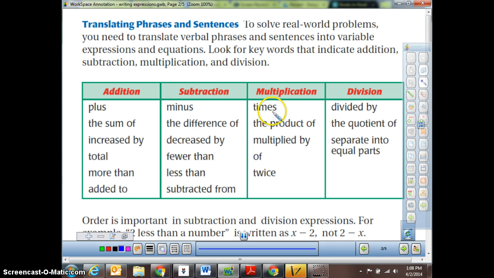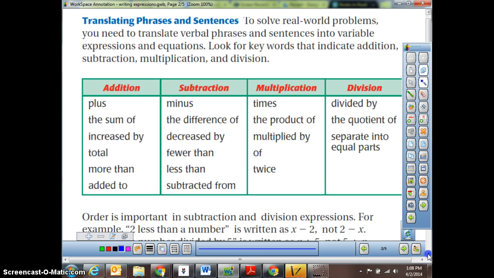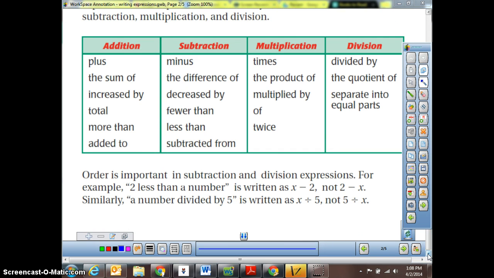A key for multiplication is the words times, the product of, multiplied by, of. That's a big one that we worked on in percents. And then twice. Division: divided by, the quotient of, separate into equal parts. All of those things tend to just help clue us in to the fact that we're going to use those operations. Order is important in subtraction and division.